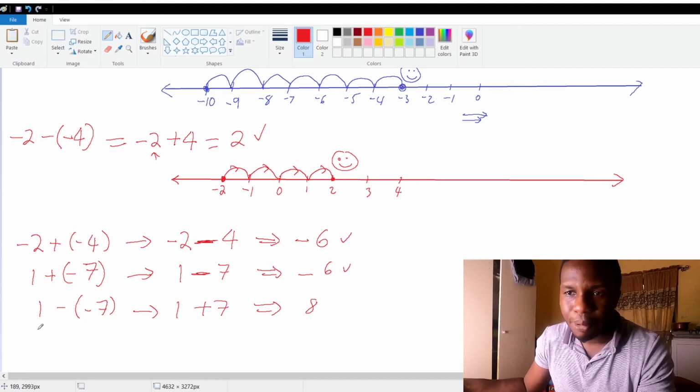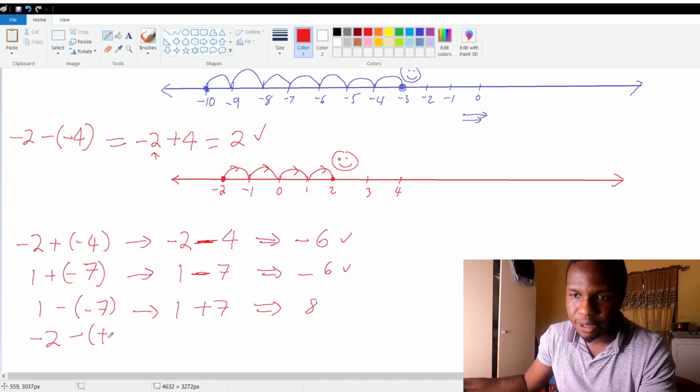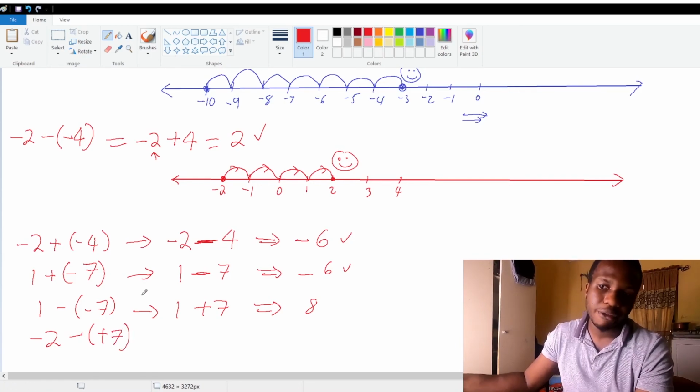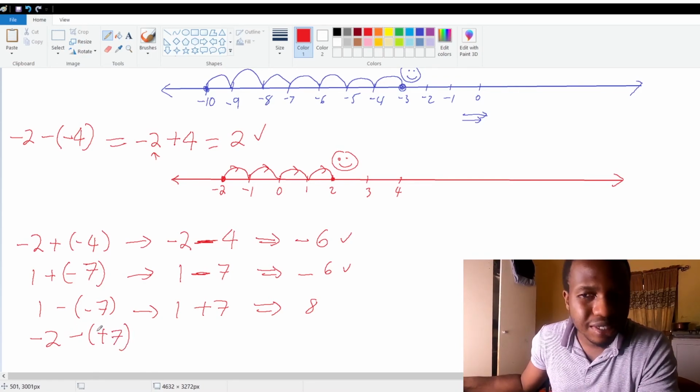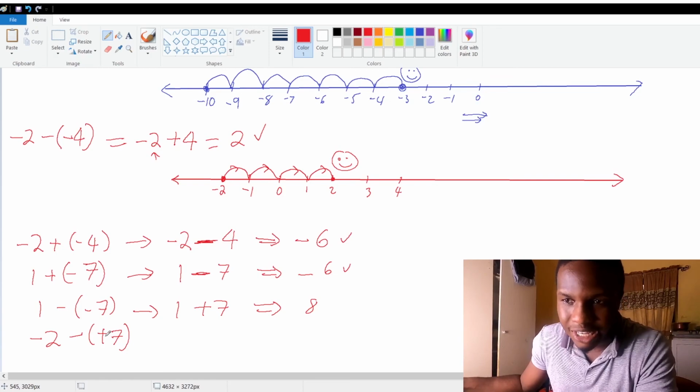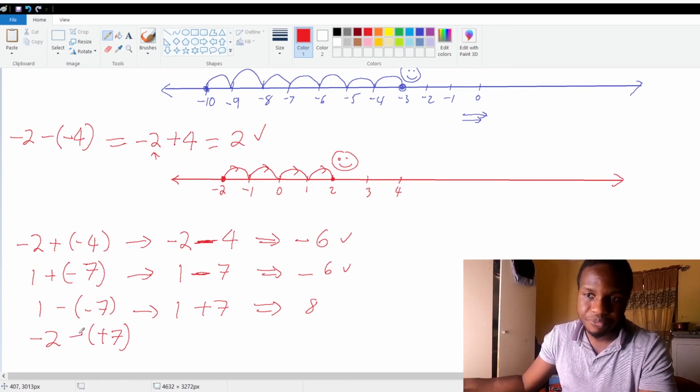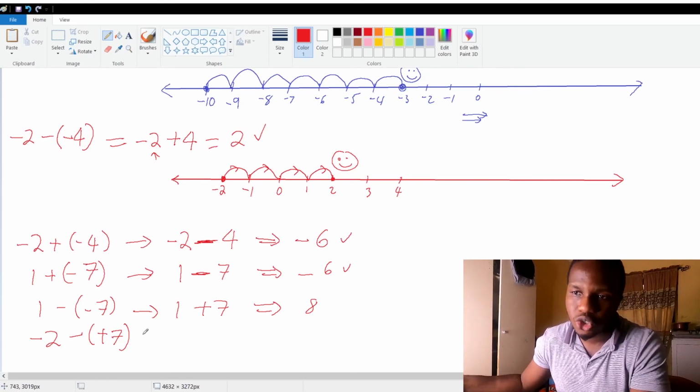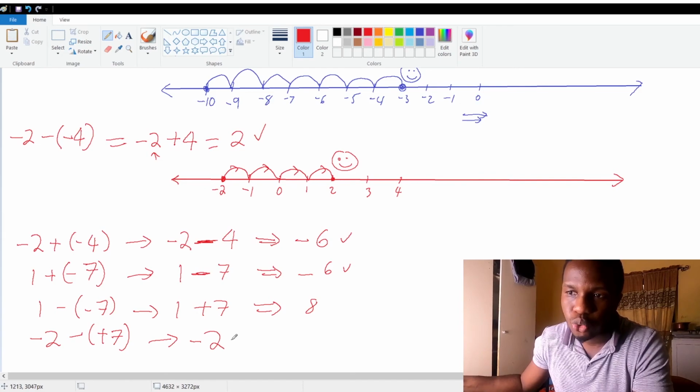Now what about if you had -2 minus plus 7? This is the same thing. When you have a minus and a plus, it does not matter the order. The minus and the plus come together and the minus wins. So instead of minus and plus, I can write this as -2 minus 7.